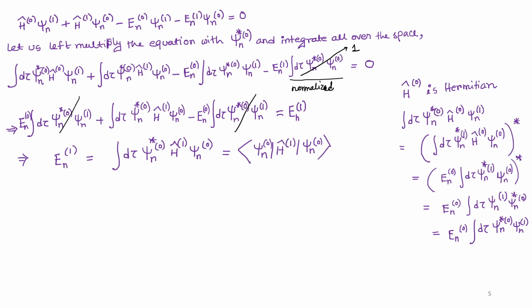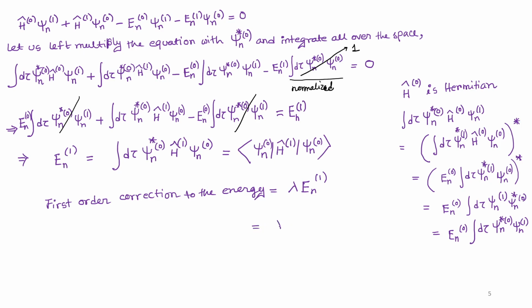Okay, now this is your, so your first order correction is not this. Your first order correction is multiplied by lambda, right? So the energy is going to be lambda En1, right?